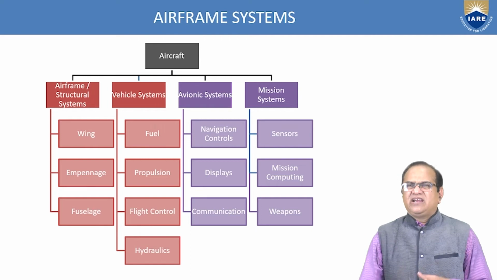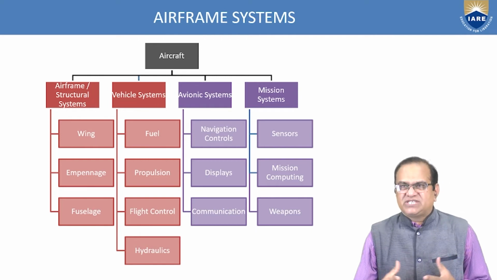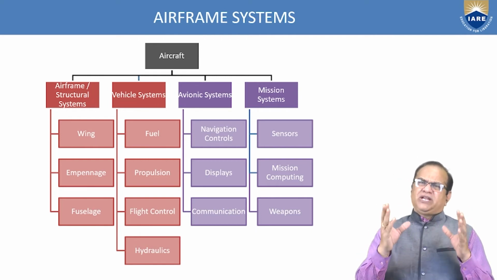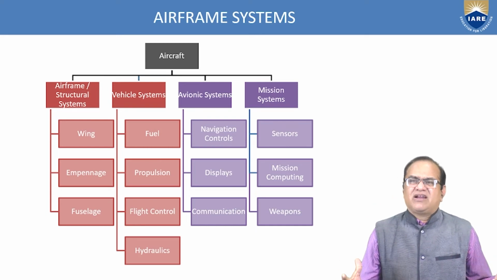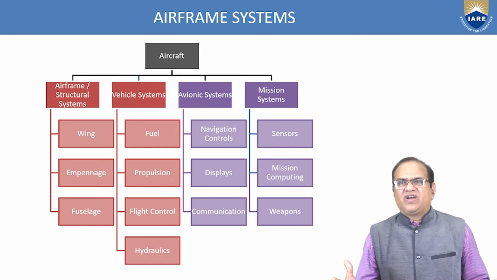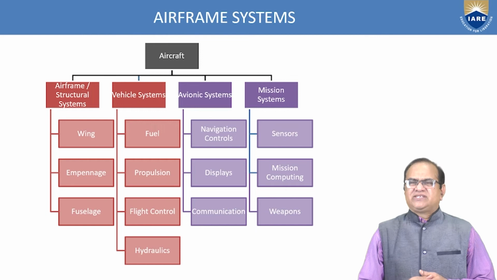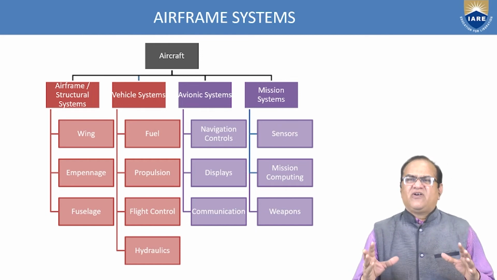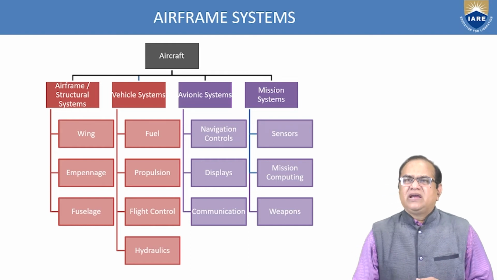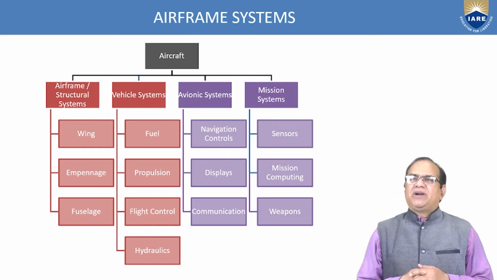If you talk about the mission systems, we have the sensors, mission computing, and the weapon system, and some more. Different aircraft are designed for different missions, but for a fighter aircraft, they have mentioned the weapon. Other aircraft are used for search and rescue, anti-submarine warfare, or different types of missions. Every aircraft is designed for some missions that have to be completed by that particular aircraft.